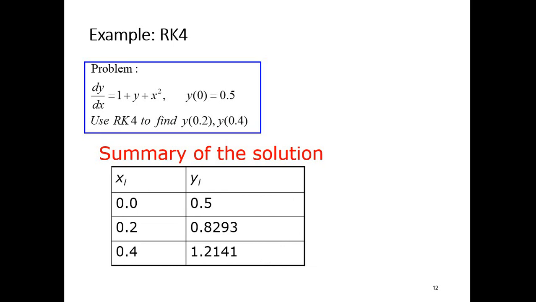So if you look at all these methods that we have learned so far, the higher the order, the more accurate the method. For example, the Runge-Kutta order 4 is more accurate than the RK3, the Runge-Kutta order 3.